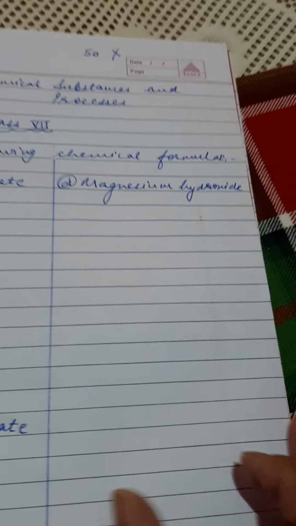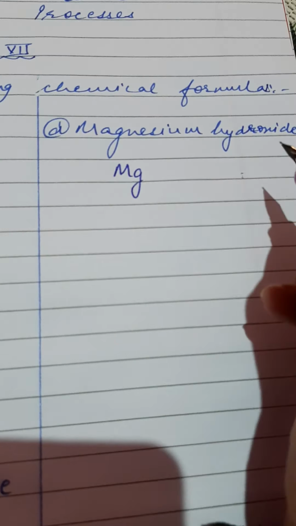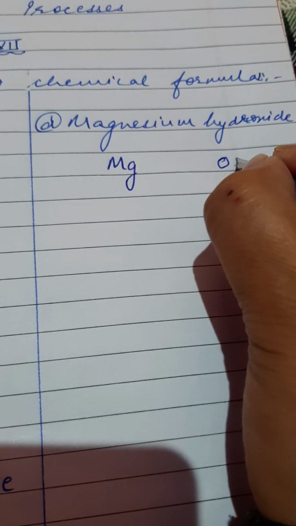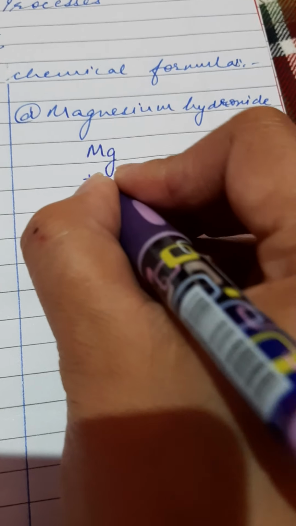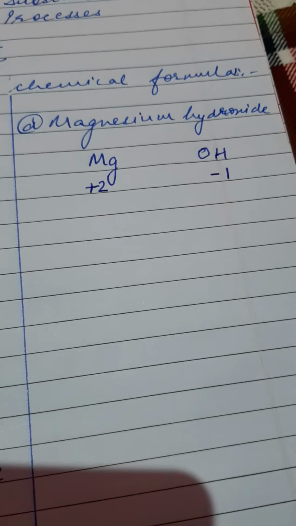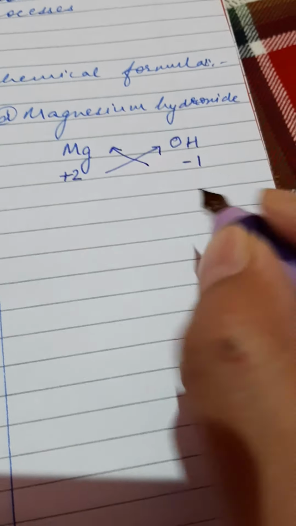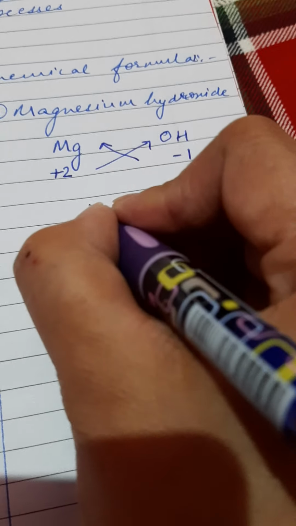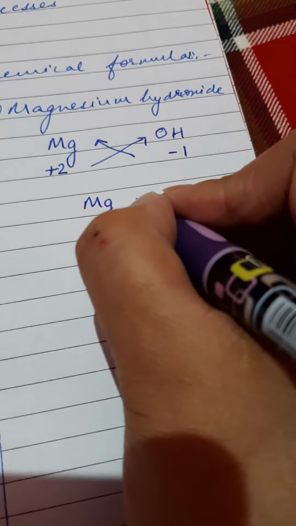Okay. Then you come to magnesium hydroxide. Magnesium symbol is Mg. Hydroxide symbol is OH. Charges now. So magnesium positive 2 charges, hydroxide 1 negative charge. Now you are going to cross multiply. Magnesium multiplied by 1, you get Mg, and hydroxide multiplied by 2.